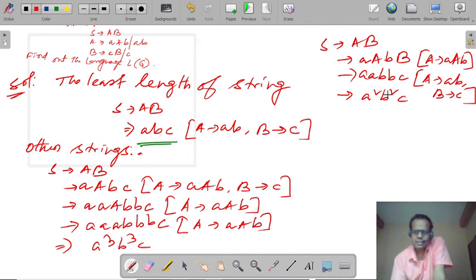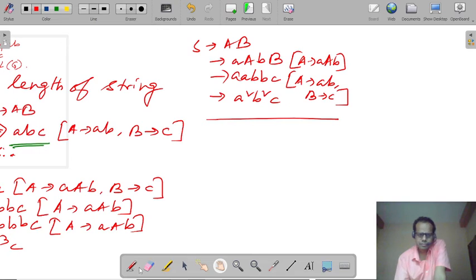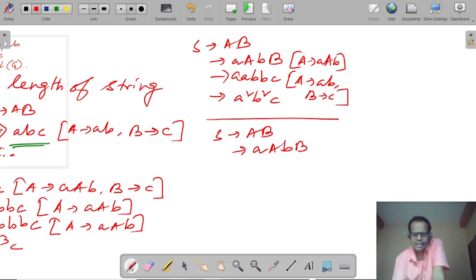So the number of c might also be increased. Suppose S implies AB. So A implies small a, capital A, b, and this B is there.